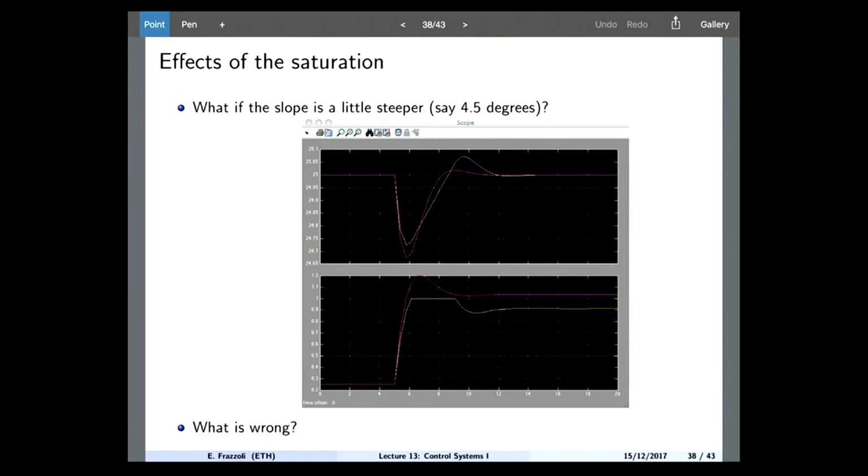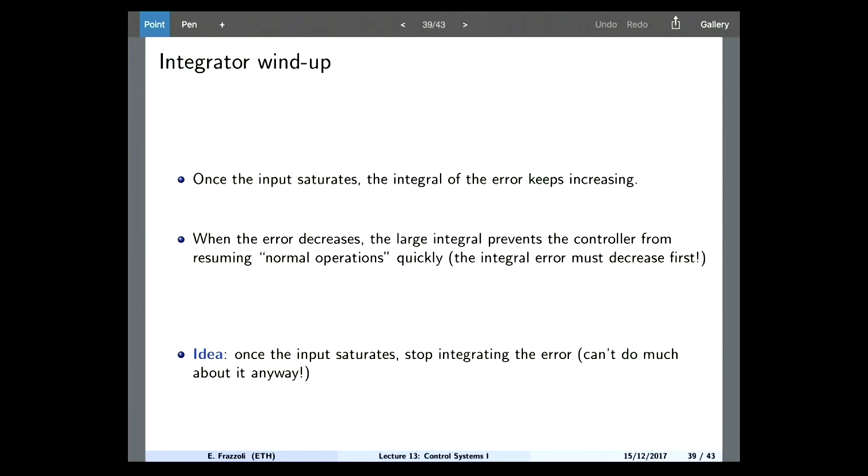And then the error in the integrator keeps integrating, keeps building up, even though there is nothing you can do. So even at the point where you finally match the desired speed, the error in the integrator is still very large. And that's why the integrator will keep pushing, keeping the speed up. So how do you fix that?